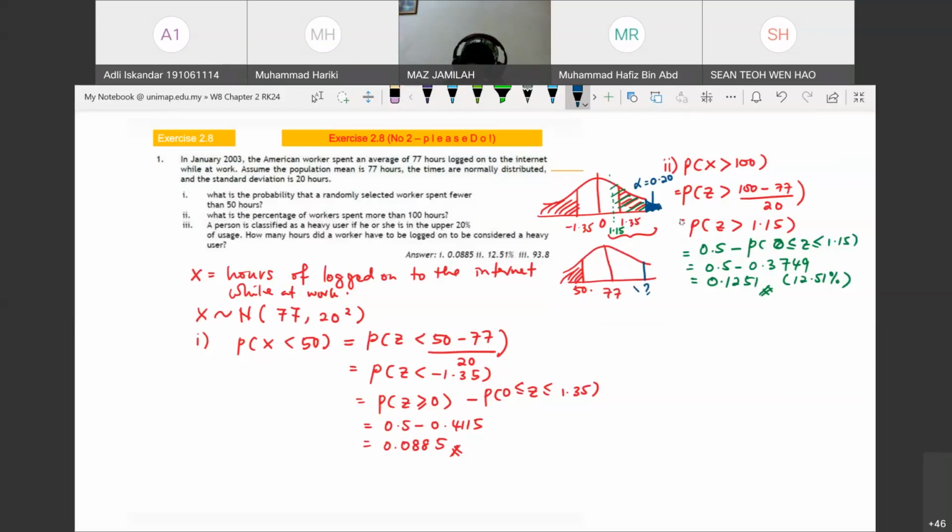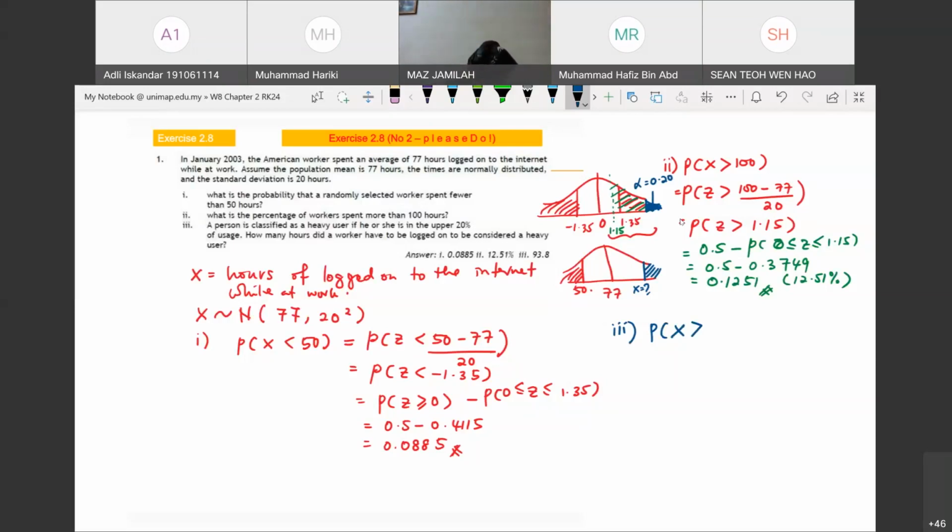What would be the x reflecting the 0.2? Now for question number 3, a person is classified, so P(X upper). Should it be greater than or less than? It should be greater than, because we want to classify them as heavy users.